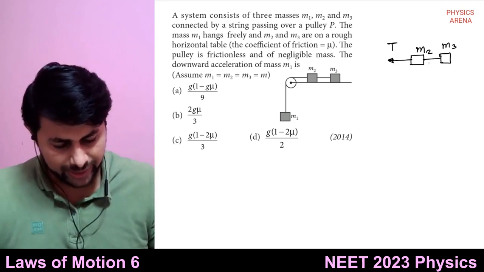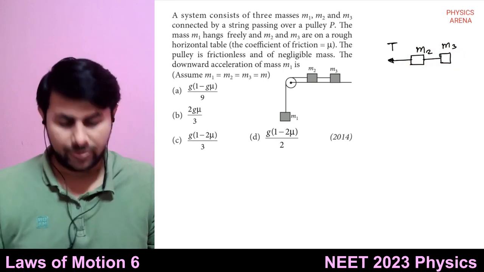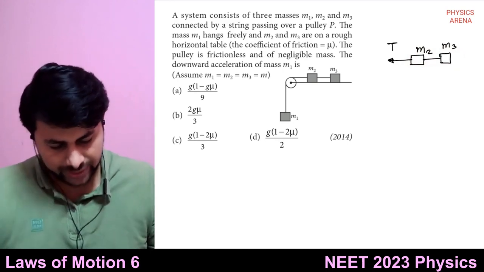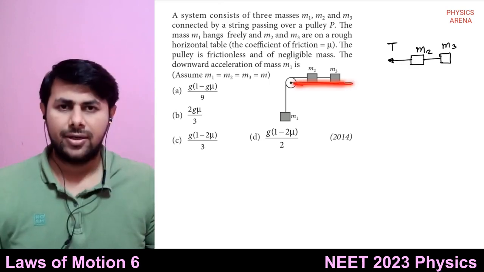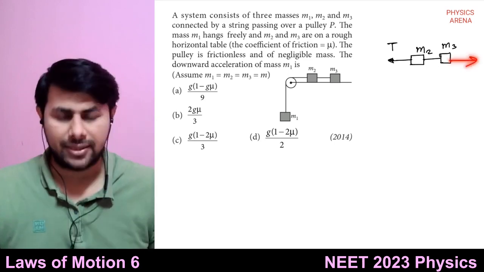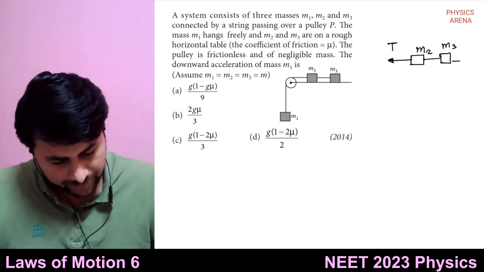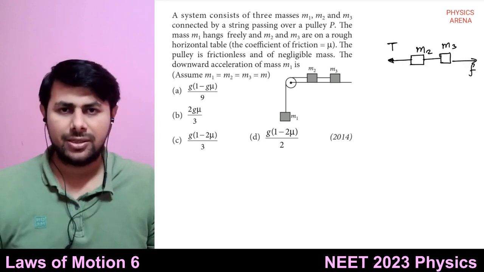So how much will be the tension in the string? That we don't know, we have to find it out. Okay, so there is some tension in the string, and since this is a rough surface, there would be some frictional force acting towards right. Okay, so suppose there is some frictional force F acting towards right.